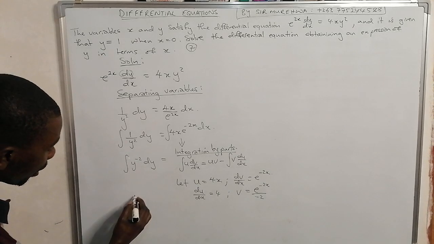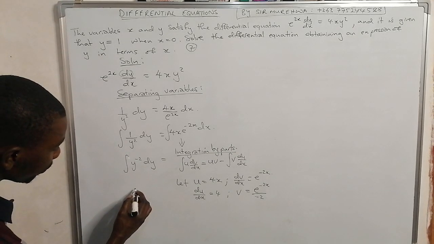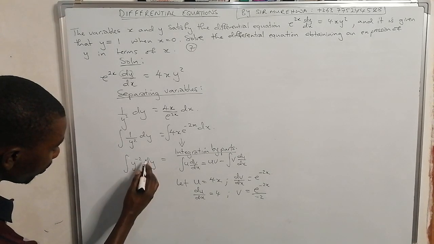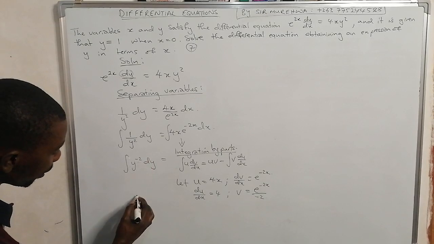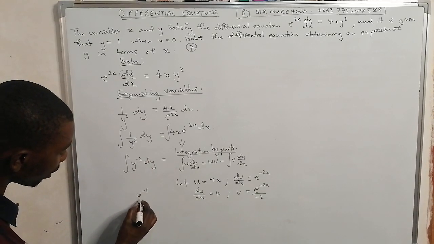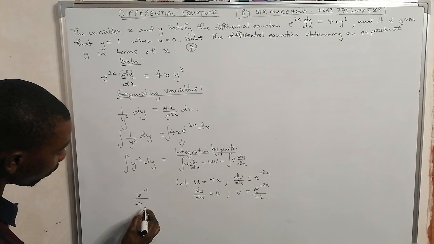Right, so now we are going to integrate the left hand side. If we integrate y to the power negative 2, we add 1 and divide by the new power: y to the power negative 1 over negative 1.